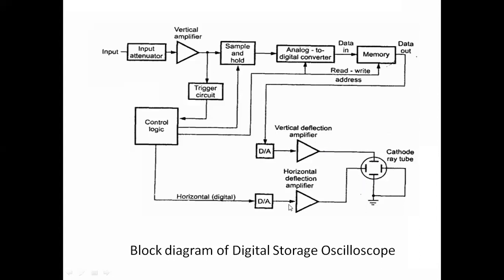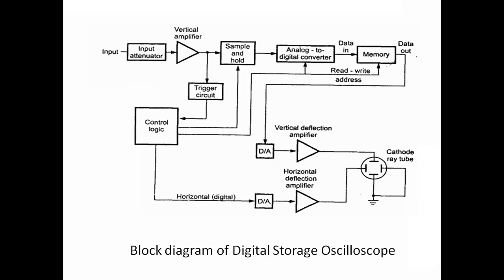Here we are converting into analog form. In the previous basic digital oscilloscope, we used reconstruction of the waveform by interpolation techniques. Here there are no interpolation techniques. We convert the digital signals into analog form, and those analog signals are amplified and applied directly to the deflecting plates.